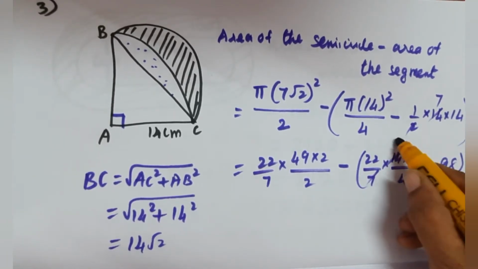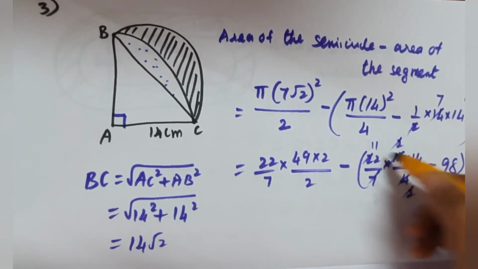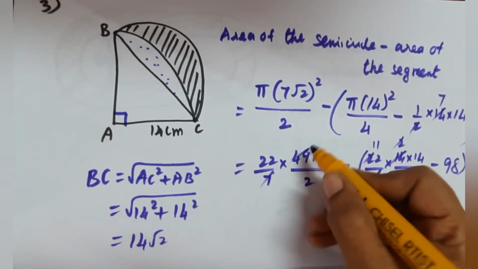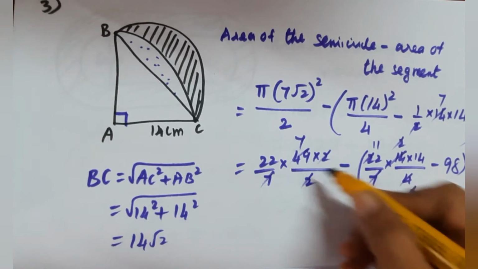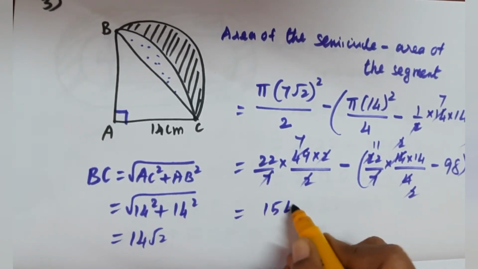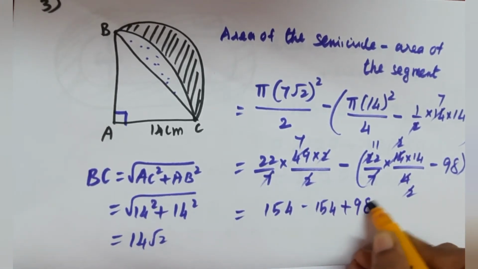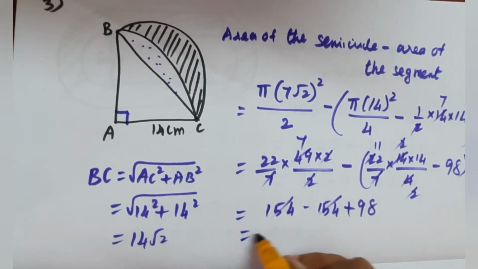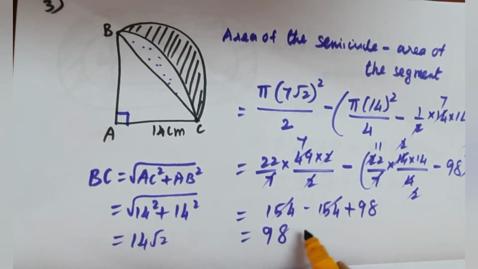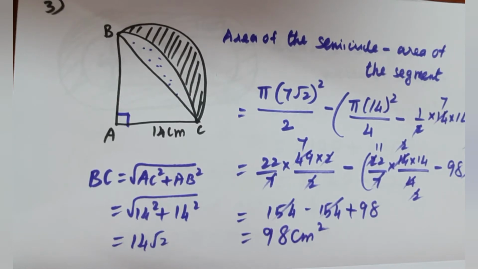If we do the simplification, we are getting that answer as 154 minus 154 plus 98. So the final answer is 98 centimeter square.